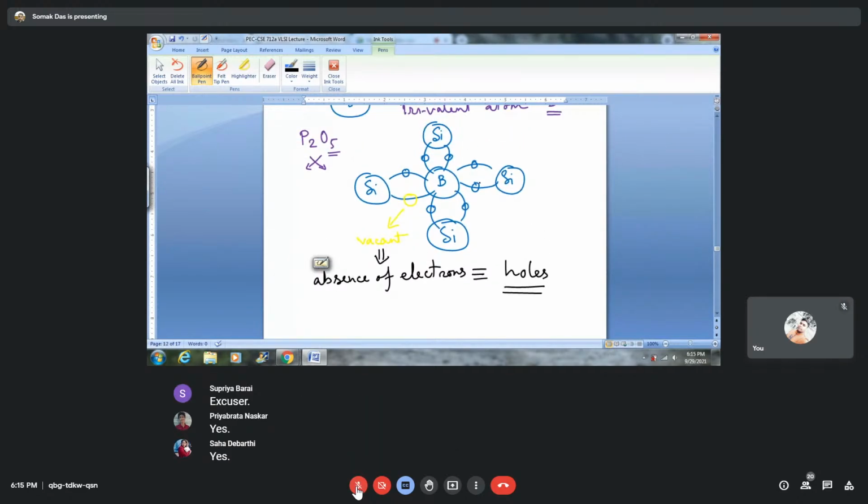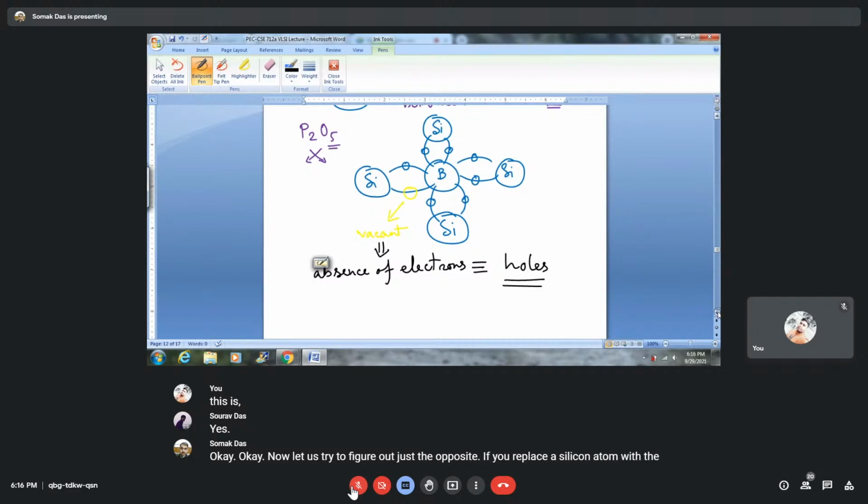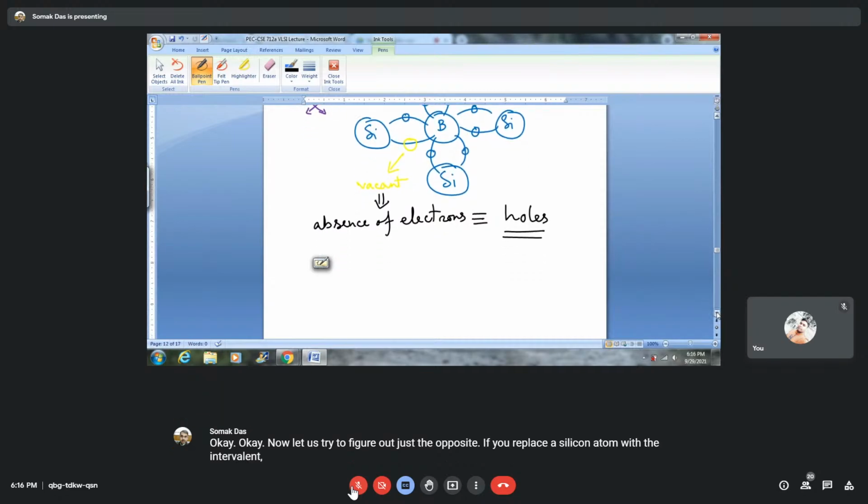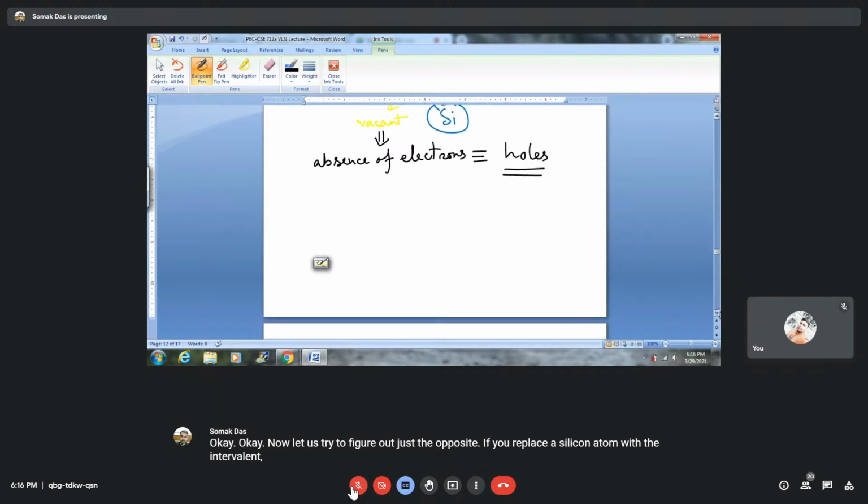Is the write-up visible? Yes, sir. Okay. Now let us try to figure out just the opposite thing. If you replace a silicon atom with a pentavalent atom, then how does it look?